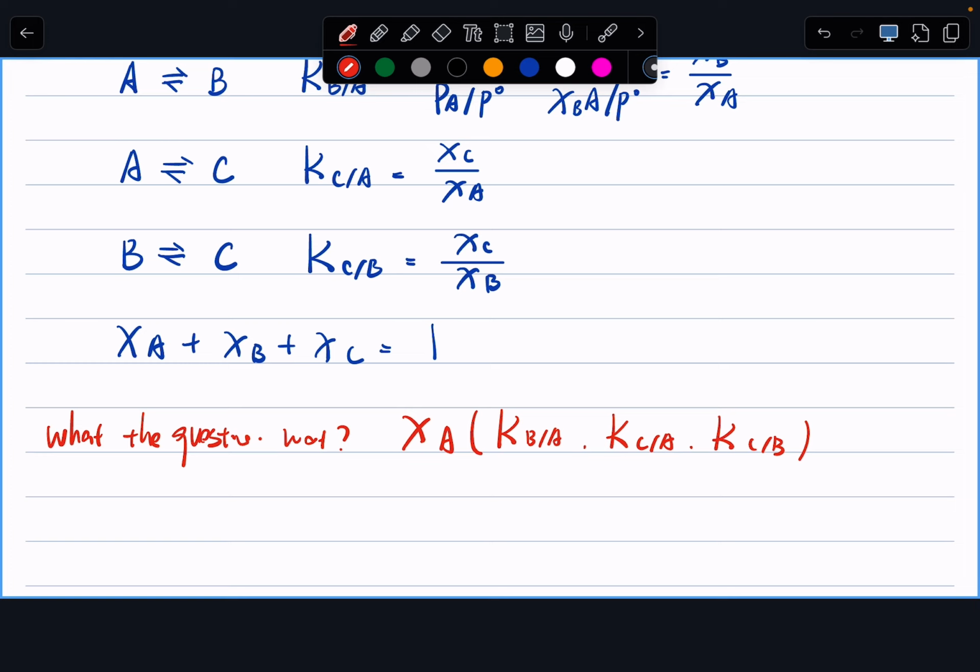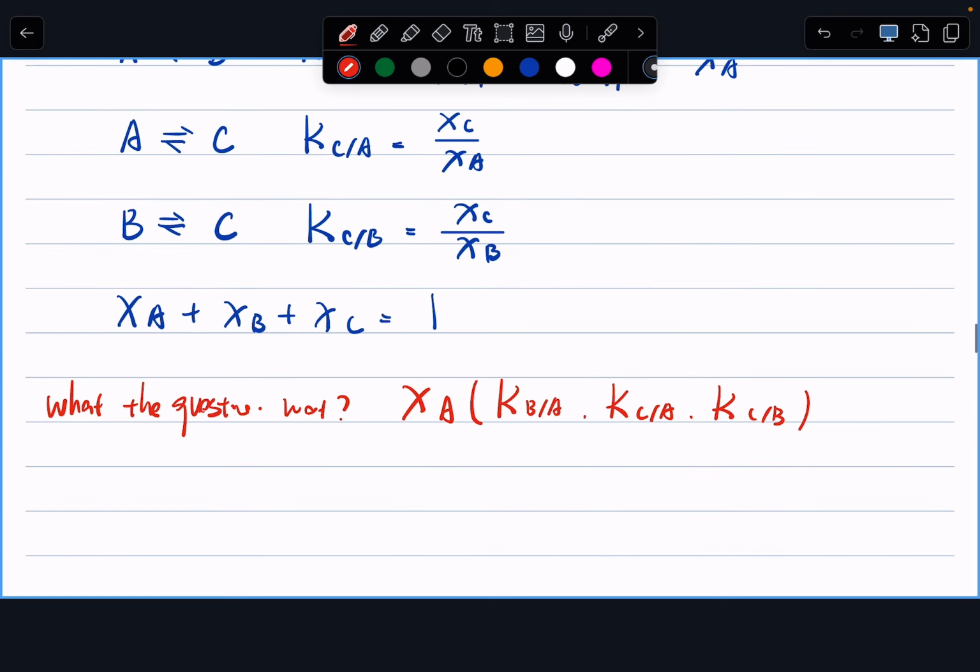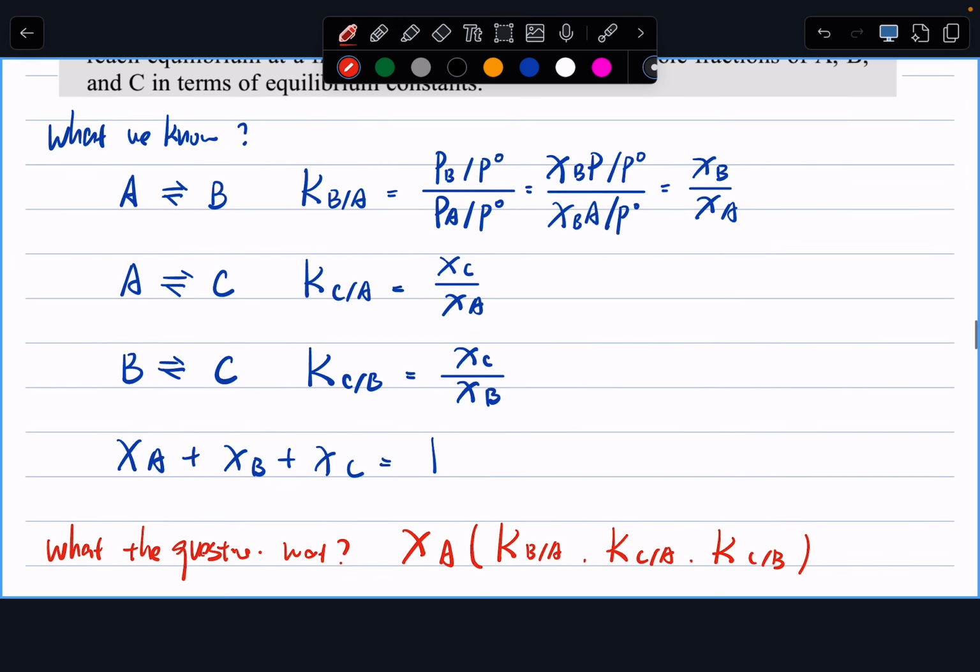How do we do that? Let's start by writing out the process. We're looking at chi_A plus chi_B plus chi_C equals 1.